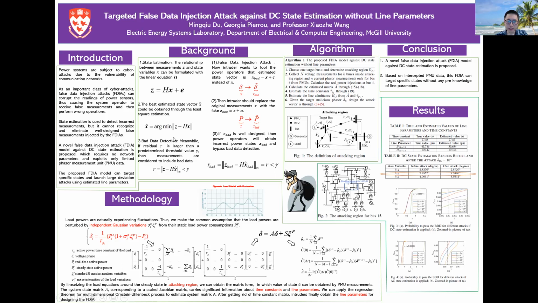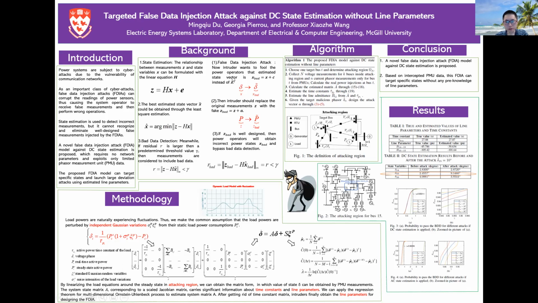Then the bad data detection is used to test whether there exist bad measurements in the power system. So if the residual is larger than a predetermined threshold, then our power operators may believe that there exist some bad measurements and they will eliminate them.